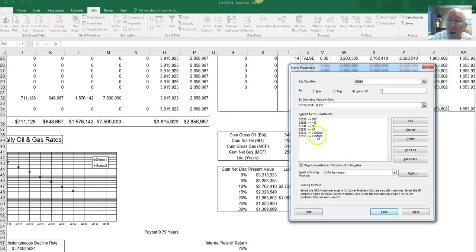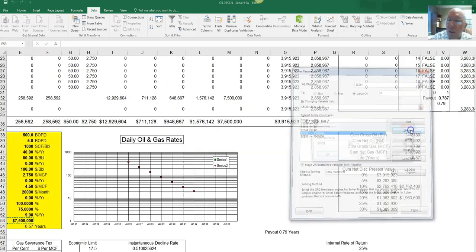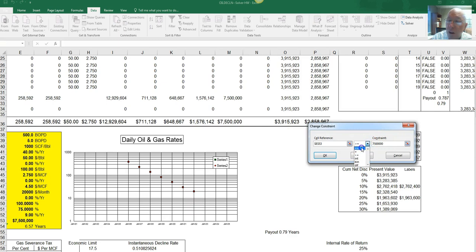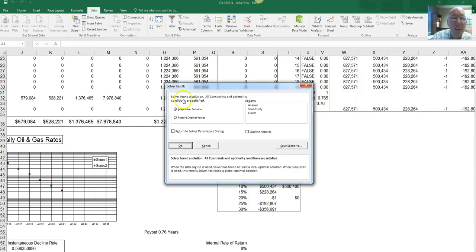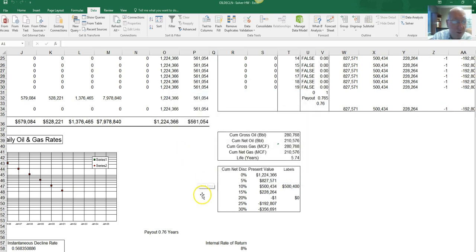And here, greater than or equal to that is correct. I'm going to change this one, turn it around to 9 million. So less than 50 but greater than 40, less than 9 million but greater than 7.5 million. And let's hit solve. It says it found a solution.